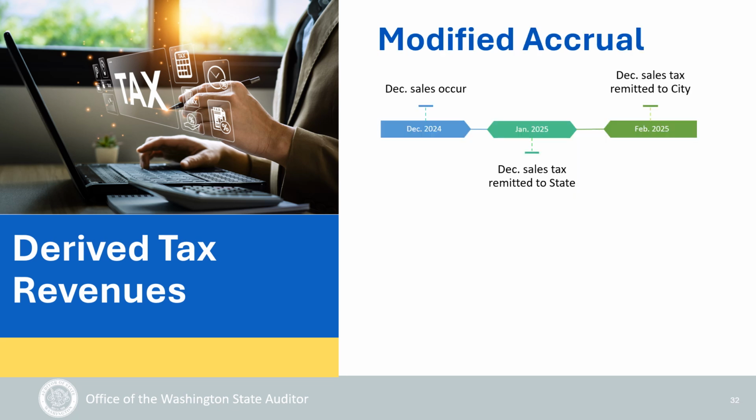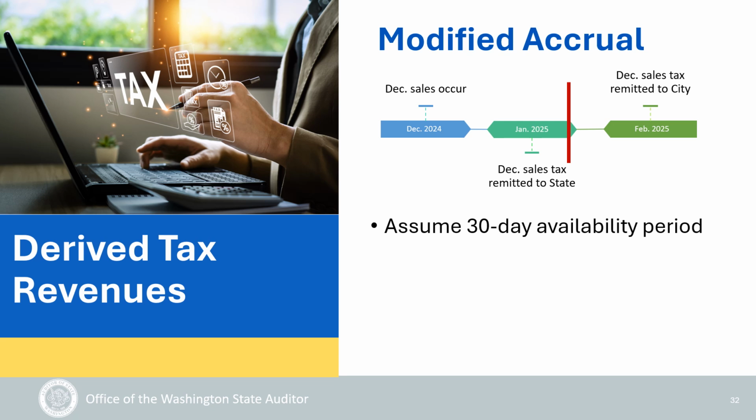Here's our timeline. In December, the sales occur, at which point the city is owed sales tax revenue. That's why they record the receivable in December. Sales tax gets remitted to the state in January, and the state remits the city's portion to them in February. Now let's assume a 30-day availability period. 30 days after fiscal year end is January 30th.